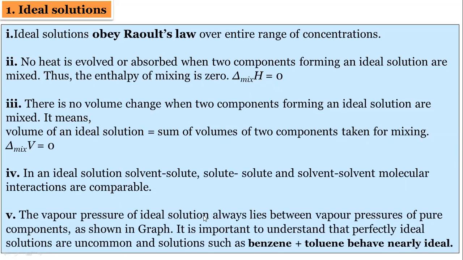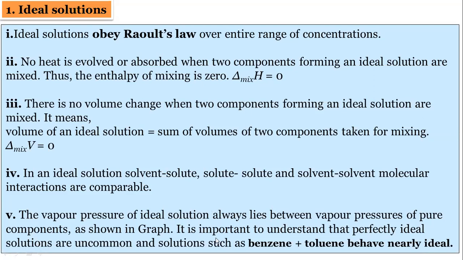And the last one, which is very important: the vapor pressure of an ideal solution always lies between the vapor pressures of the pure components, as shown in the graph. I will show the graph.